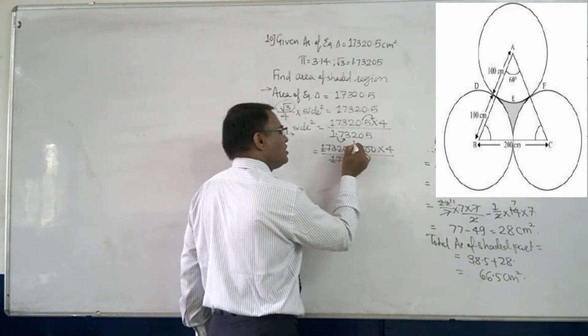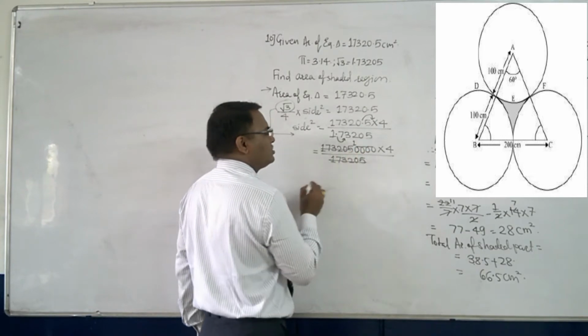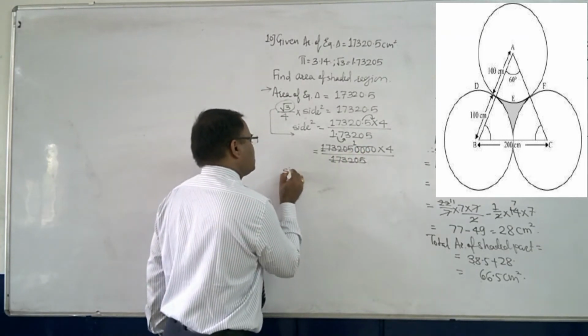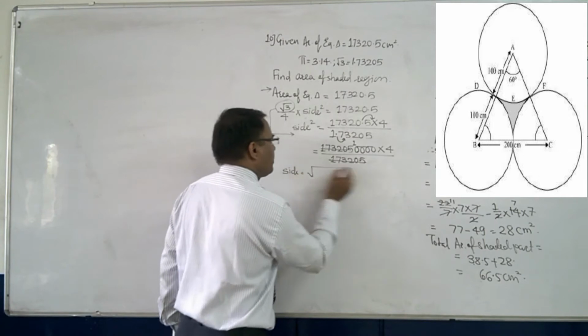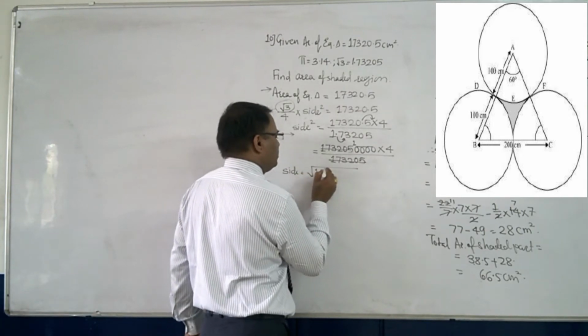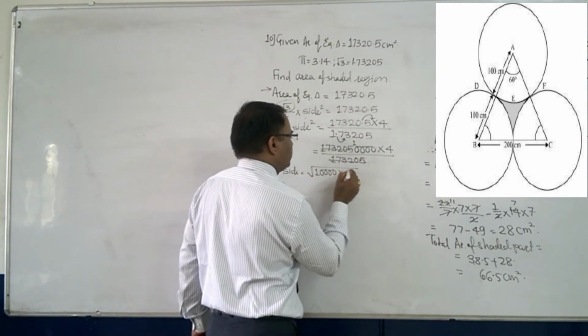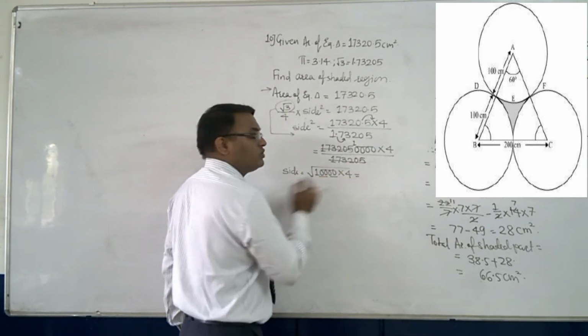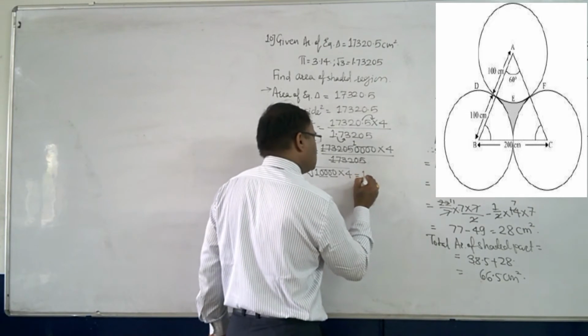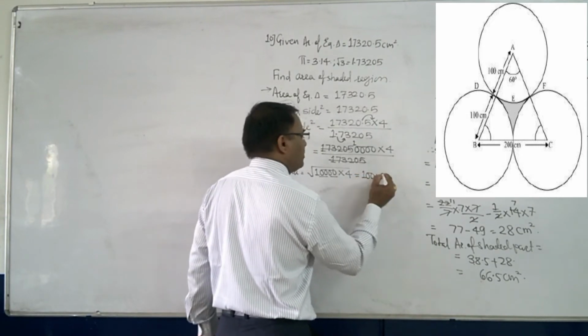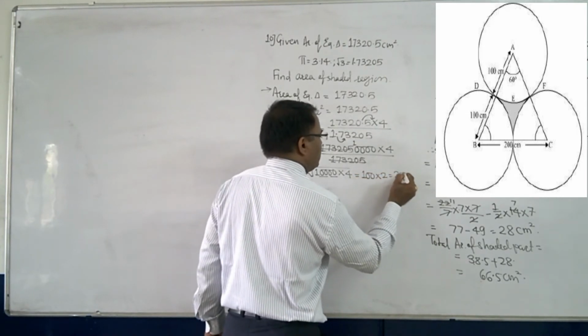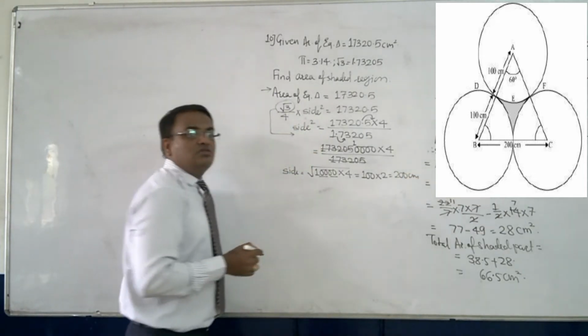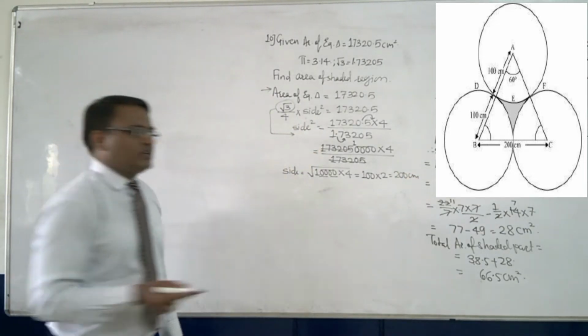It means here 1, 2, 3, 4, 0. So the side is equal to 1, 2, 3, 4 into 4. The zeros will cancel and this 4 will become 2, so it will be 200 centimeter. This is the side of the equilateral triangle.